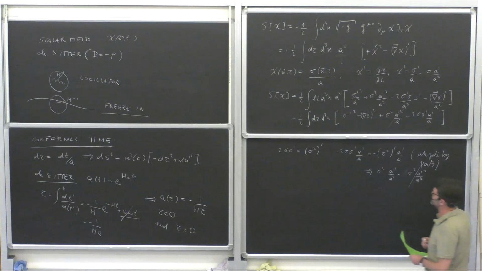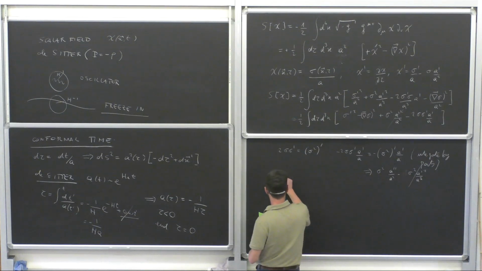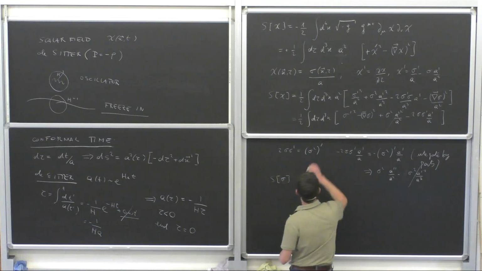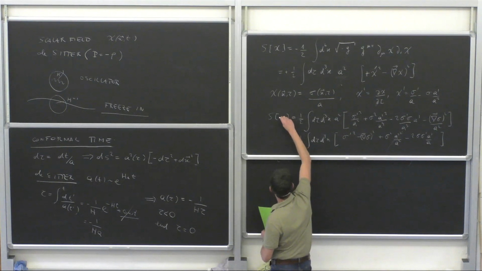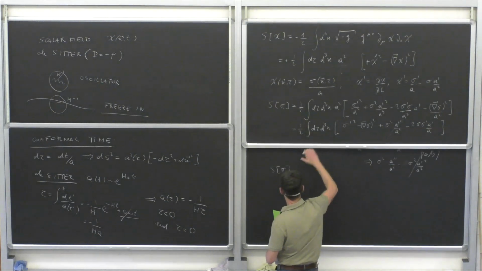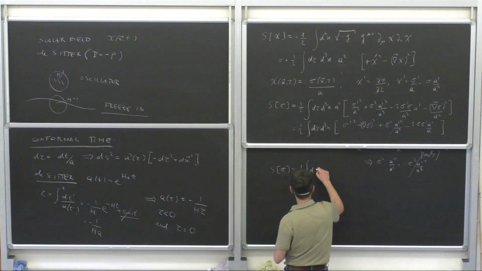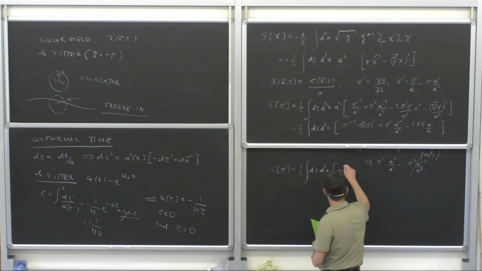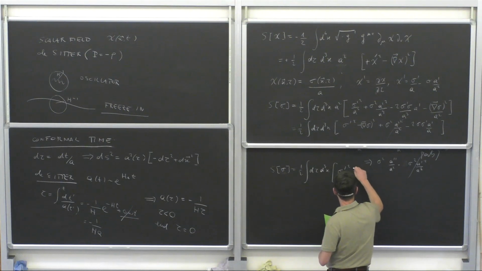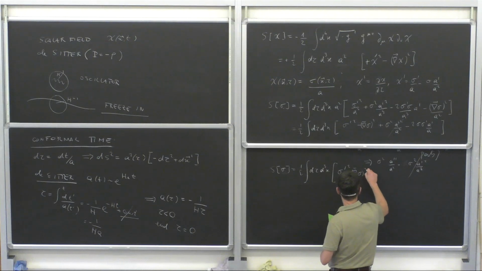So what I get at the end is an action, which is S of sigma, okay? So S of sigma is equal to 1/2 the integral, and I'm almost done, d tau d^3x. And here I have sigma prime square minus the grad of sigma square.